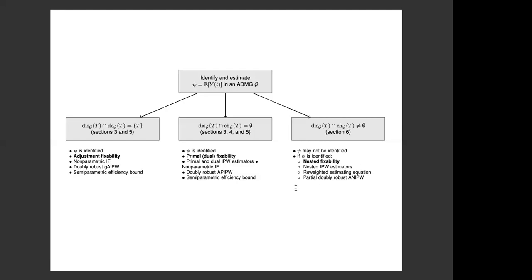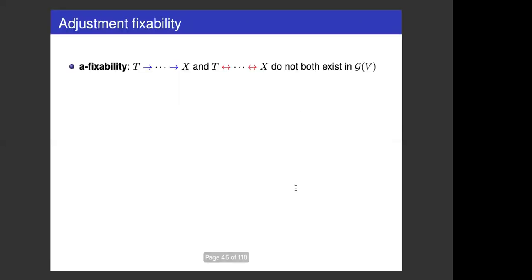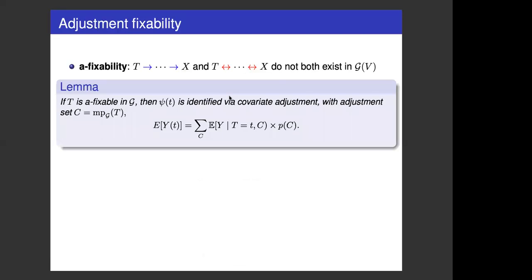Okay, so let me start with adjustment fixability. Adjustment fixability is a very simple graphical criterion. It basically says that the treatment is adjustment fixable, or a-fixable, if there is no directed and bidirected path to any of its descendants. Under this condition, if T is a-fixable, then we showed that the counterfactual mean, or our target, is going to be identified via covariate adjustment, where the adjustment set is simply the Markov pillow of the treatment according to a topological order.